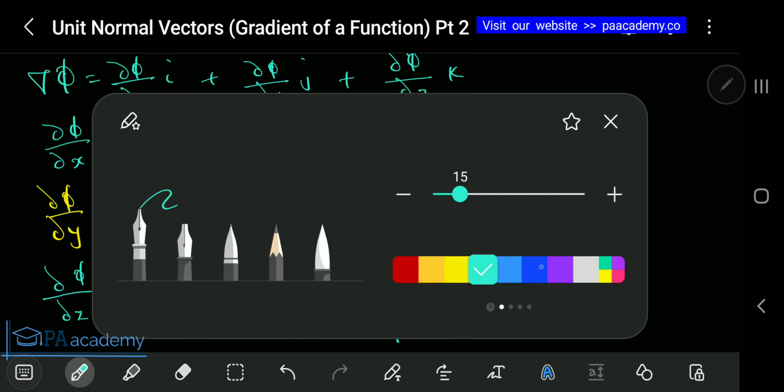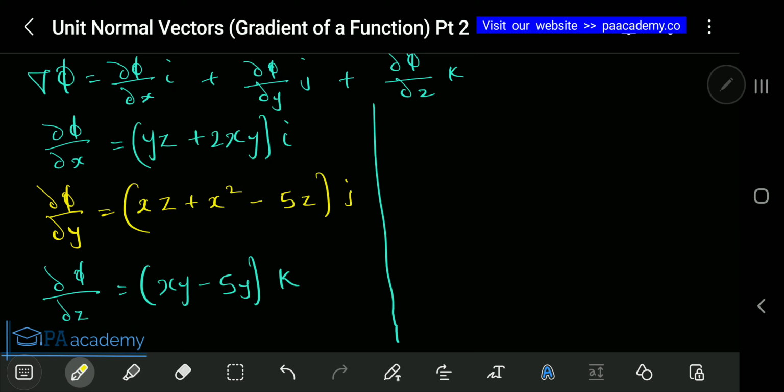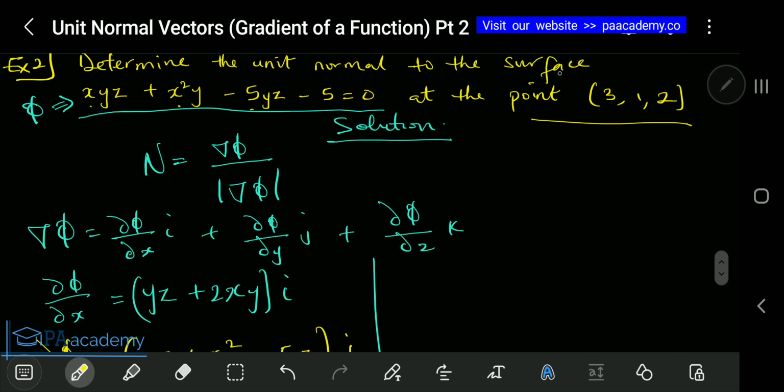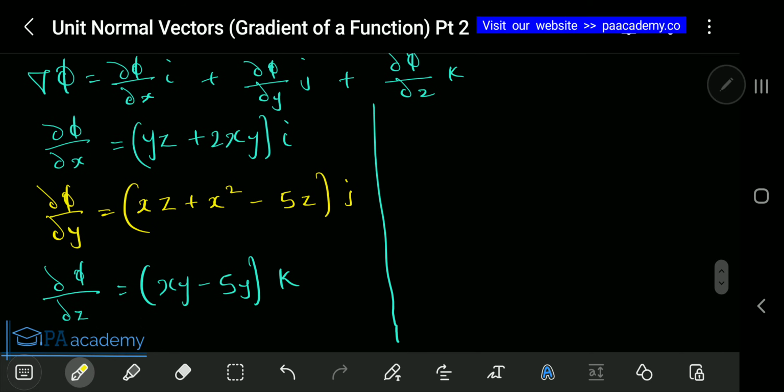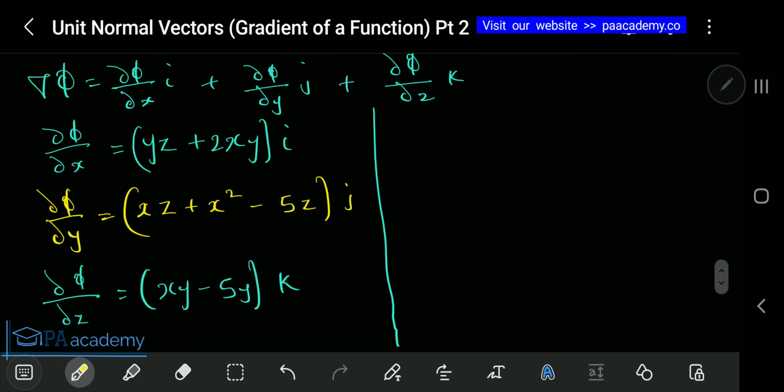Don't let us forget, the question says at the point (3, 1, 2). Just like the previous example, what that simply means is that our x is 3, our y is 1, and our z is 2. Now let's put those values into the three components we have here. Starting with yz, that's 1 times 2, plus 2 times x which is 3 times y which is 1.